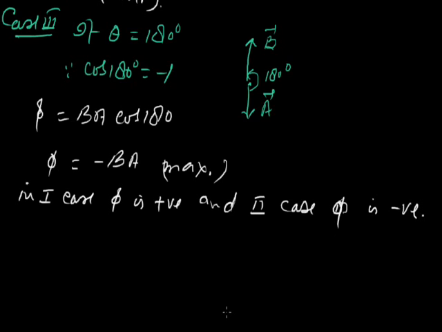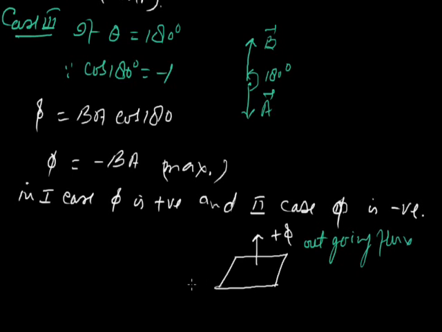For example, this is the surface, a charge is placed here, or a magnet is placed here, and lines of force pass in this way. Suppose this is any surface, it has two planes, upper plane and lower plane. The flux moving in this way is known as plus phi, outgoing flux.